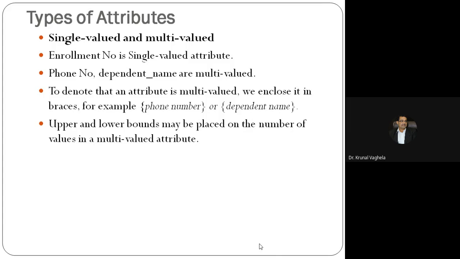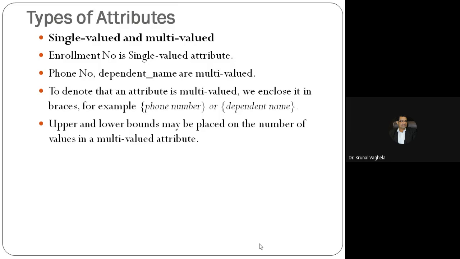All these are single valued attributes, because only one value is possible for that attribute, not multiple. Phone number can be multi-valued, because a person can have two mobile numbers, three mobile numbers. Now people keep 2-3 phones, each phone with multiple SIM cards. I don't know what they are doing with so many phones.